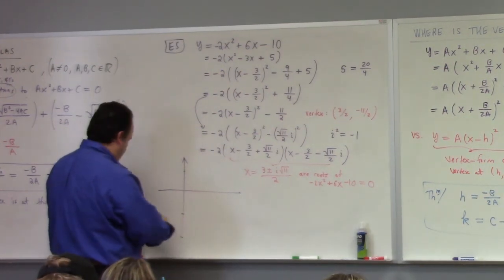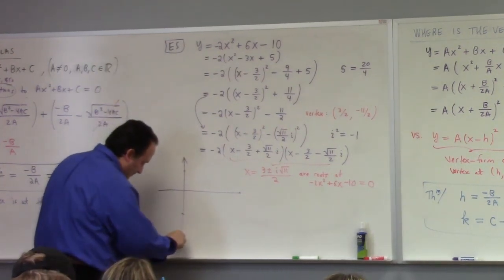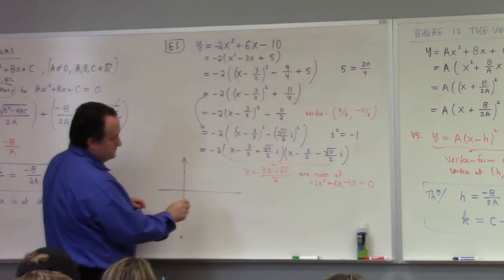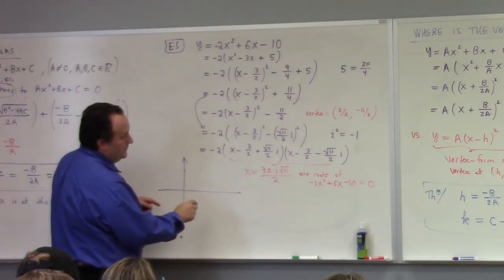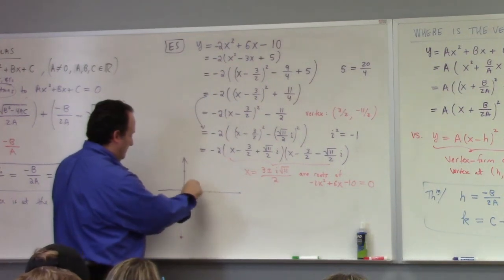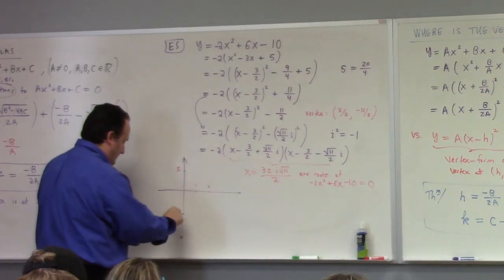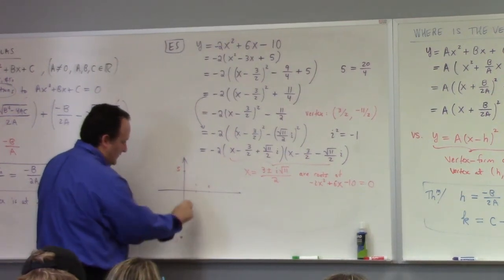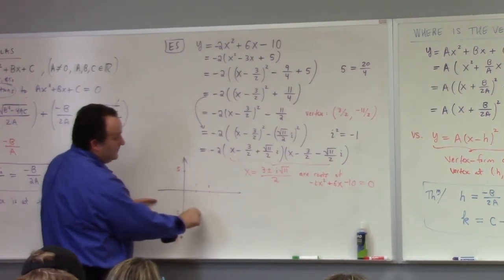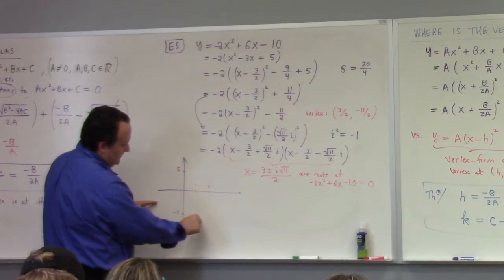So it's got a y-intercept of -10, yeah? And it's got the vertex at 1, let's say this is 1, 2. All right, so it's not quite to scale, yeah? So at 1.5, rather, minus 5.5, which is about here on my picture.